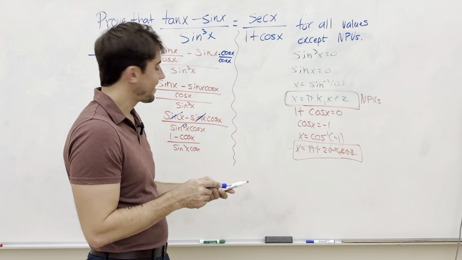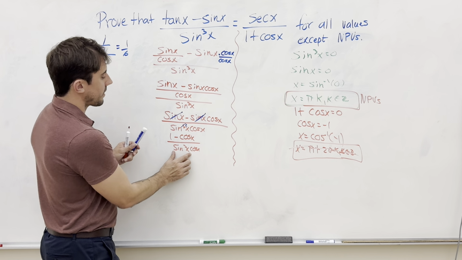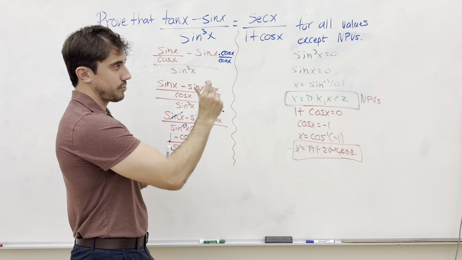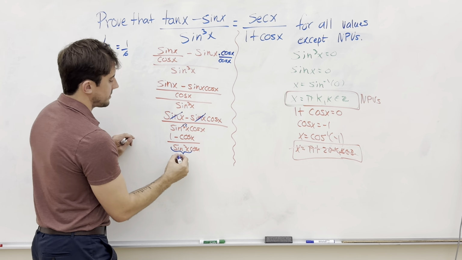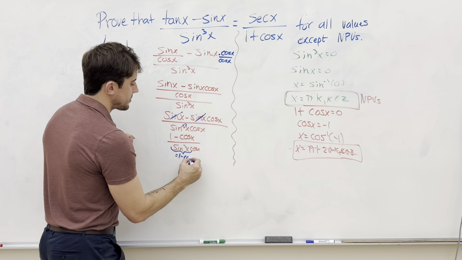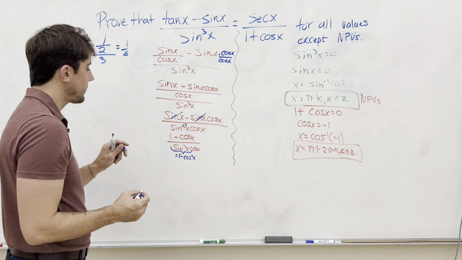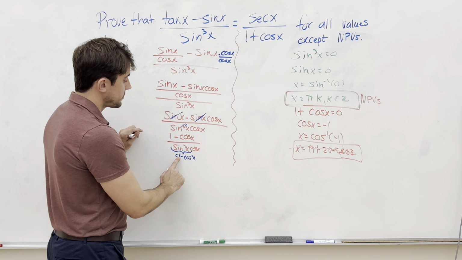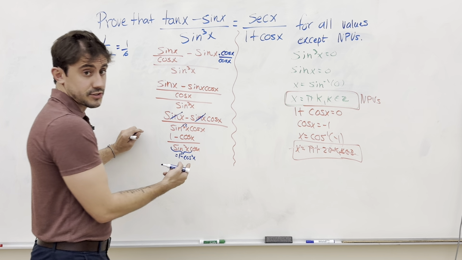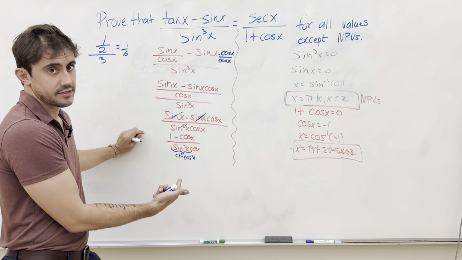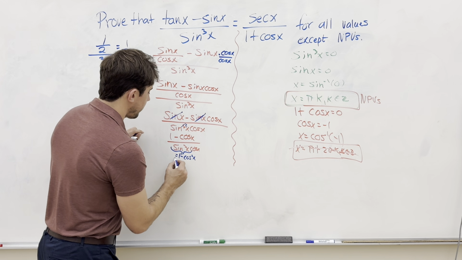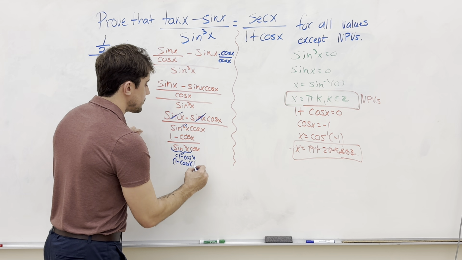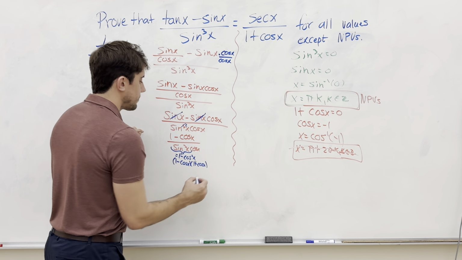Here's what we'll do. I'm going to write sine squared x, using our Pythagorean identity that sine squared plus cos squared is equal to 1, I'm going to rewrite sine squared x as 1 minus cos squared x, okay? And I'm going to note that this is a difference of squares. So, right, we have 1 squared minus cos squared x. That is a difference of squares, right? Meaning that it can be factored as 1 minus cos x times 1 plus cos x, right?